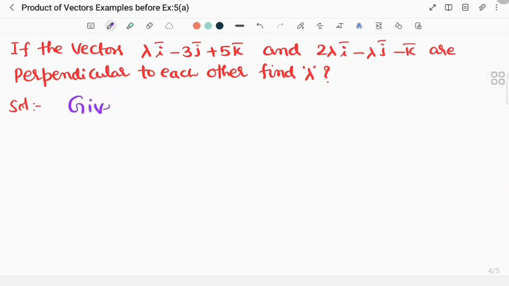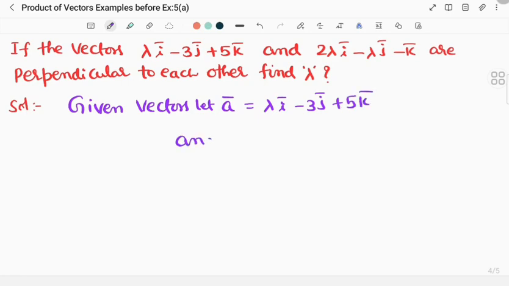Given vectors, I am taking one as a bar, another one as b bar. Let a bar be equal to lambda i minus 3j plus 5k, and let b bar be equal to the second vector 2 lambda i minus lambda j minus k.